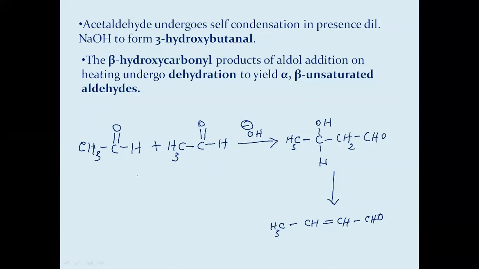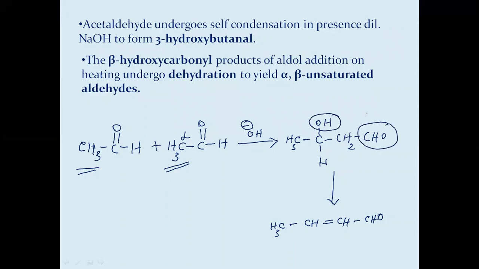Two aldehydes here, both the same aldehyde, and they have alpha hydrogens, because this is the alpha carbon and the hydrogen attached to it is the alpha hydrogen. In the presence of base, we get the aldol. You can see that in this product there is an OH group and an aldehydic group.